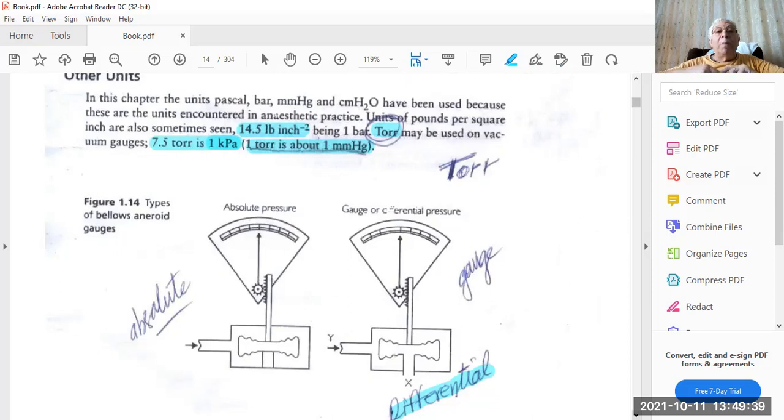We must multiply 14.5 by a figure, as we know, to give us the real pressure in kilopascal. 14.5 pounds per square inch equals 1 bar.